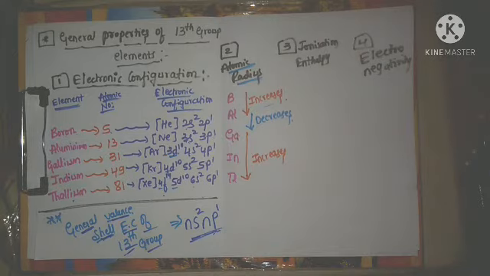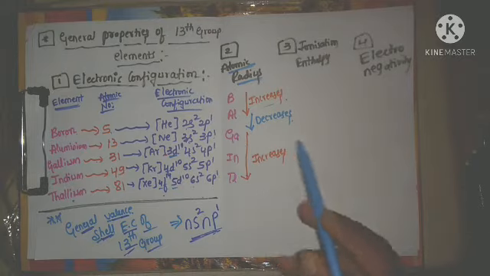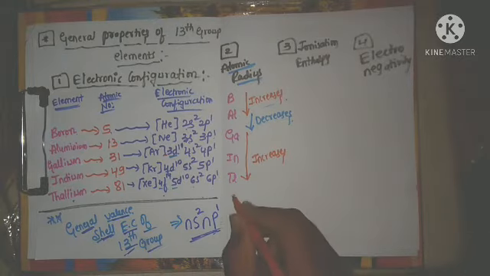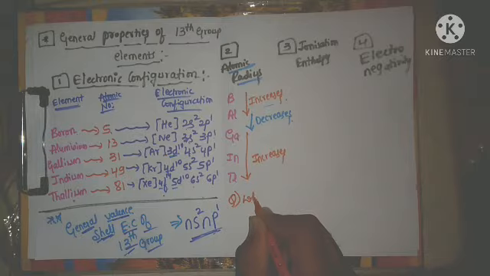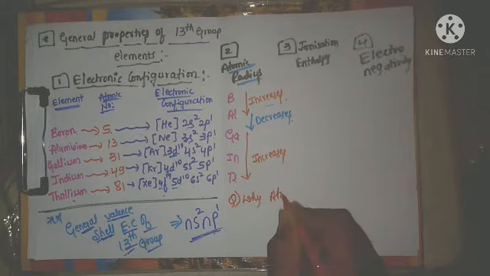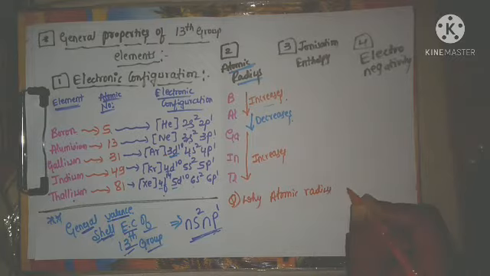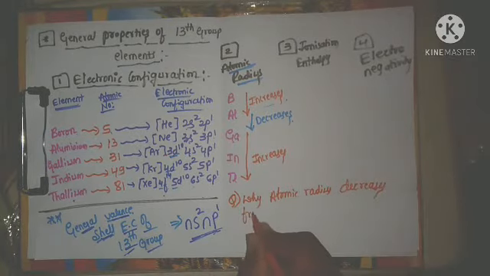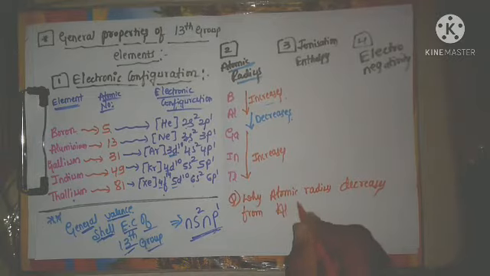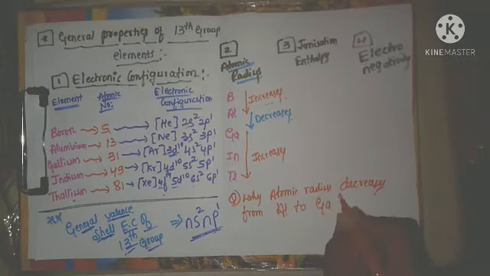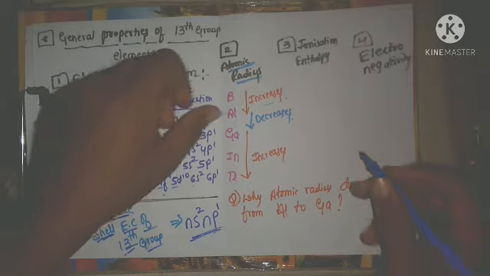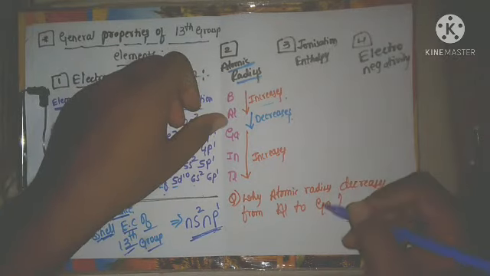Sir, why is it decreasing, sir? Why is the atomic radius decreasing from aluminum to gallium? Question: why does atomic radius decrease from aluminum to gallium, or why is the size of aluminum more than gallium?